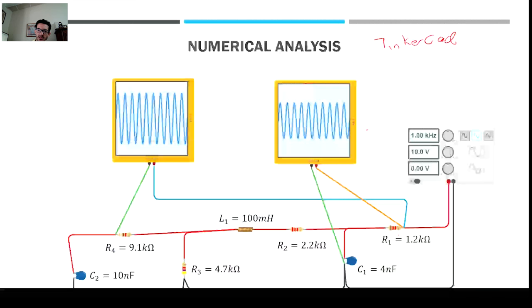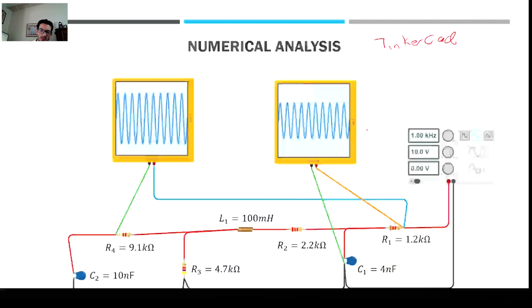And then you have these passive elements: R1 is 1.2 kilo ohms, R2 is 2.2 kilo ohms, R3 is 4.7 kilo ohms, R4 is 9.1 kilo ohms. Capacitor 1 is 4 nanofarads, capacitor 2 is 10 nanofarads, and inductor 1 is 10 millihenries.